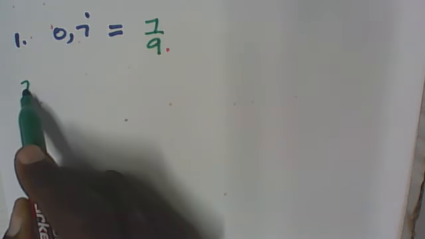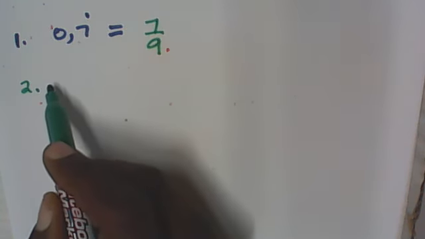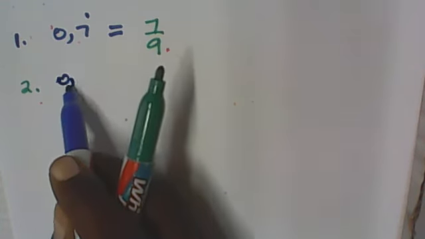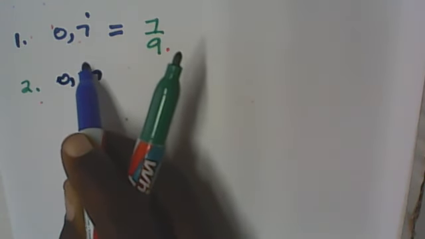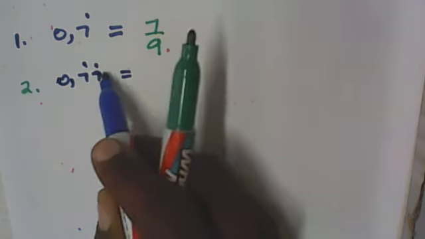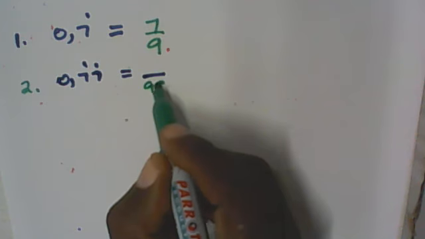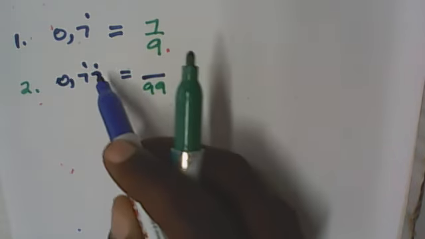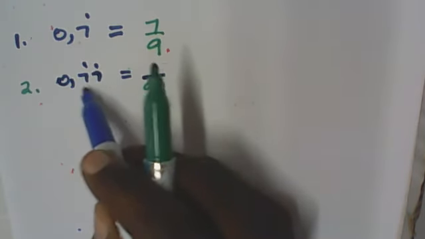This is for a single digit that recurs. Now let's get to this one. Say you have 0.7777 recurring. What do you do? If it's 2 digits, then that will be 99, 2 nines. The recurring number, you put just above that.